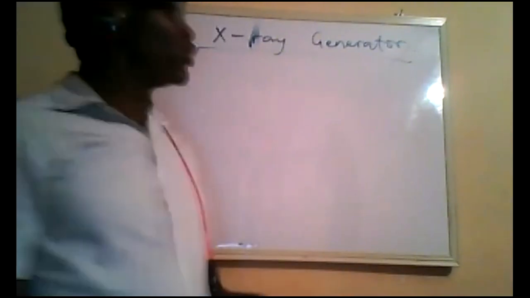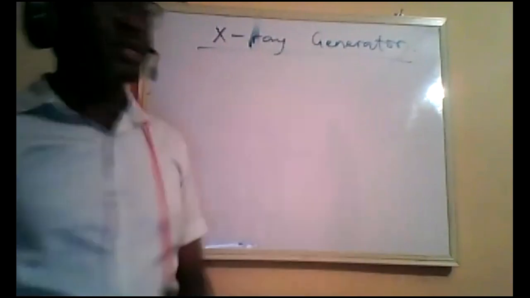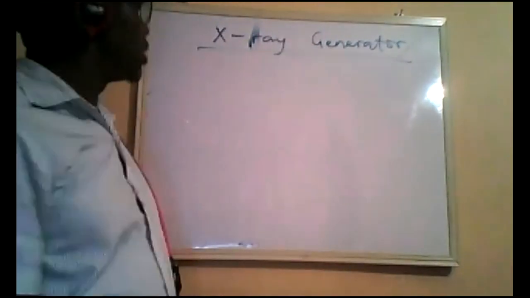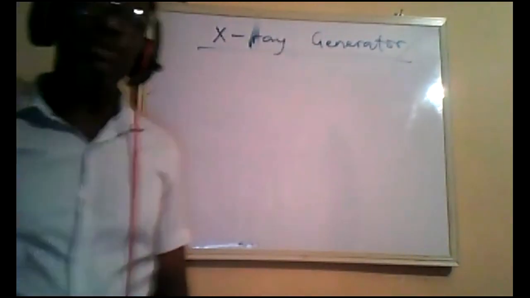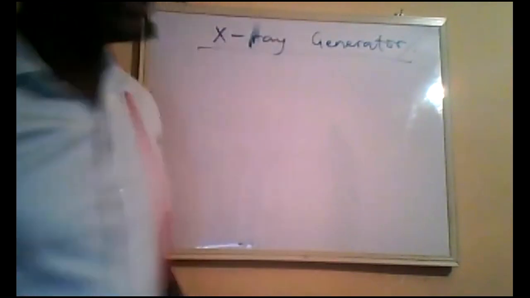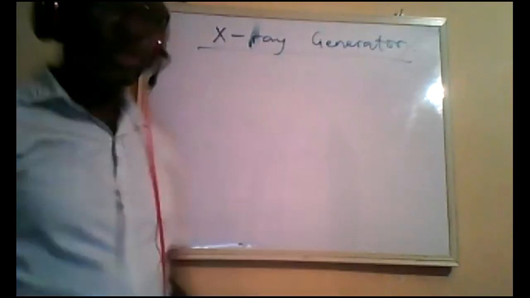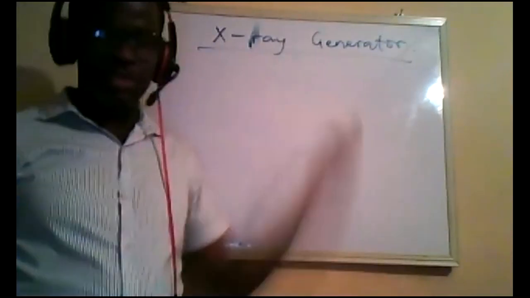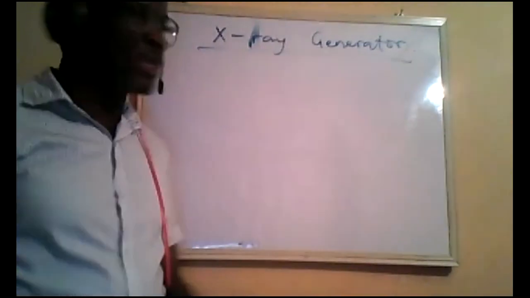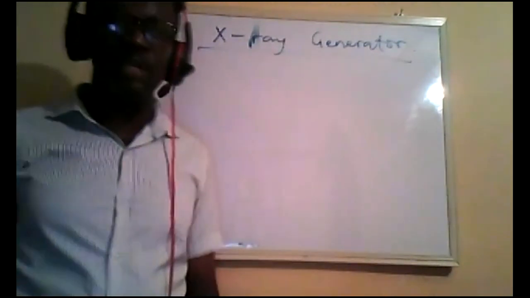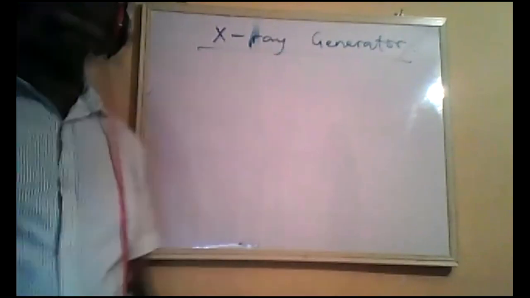Whatever we want to do is as a result of the components of the generator: the transformer, the rectifier circuit, whatever. Then you have the operator console. The operator console is where the technologists, the radiographers, stay and input those parameters. Those parameters will send a signal to the generator.